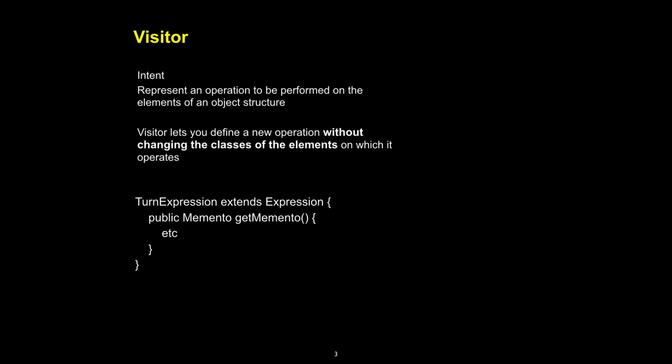You just have a list of states. I think both patterns are pretty simple. The memento pattern is, I mean, it's just basically a struct with the data in it, right?